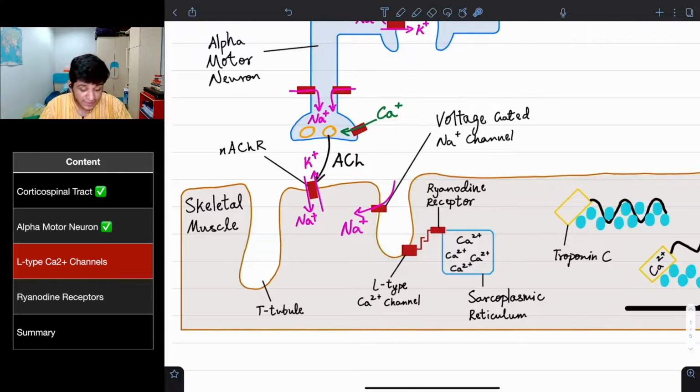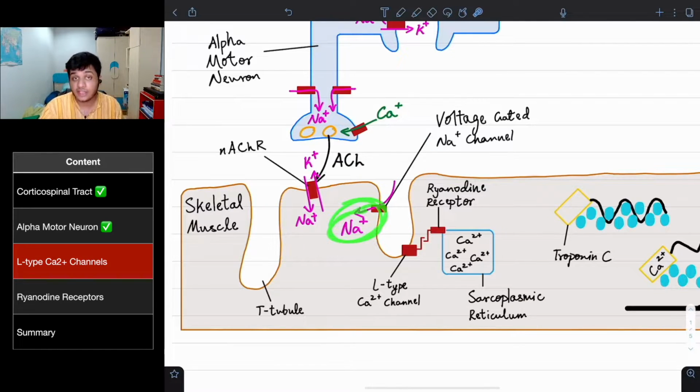Okay, and in this T-tubule, there's something called an L-type Ca2+ channel, and this allows Ca2+ to enter the cell. Now, I said that because of that small depolarization, it triggers the voltage gated sodium ion channels, which causes further depolarization of the cell, right?